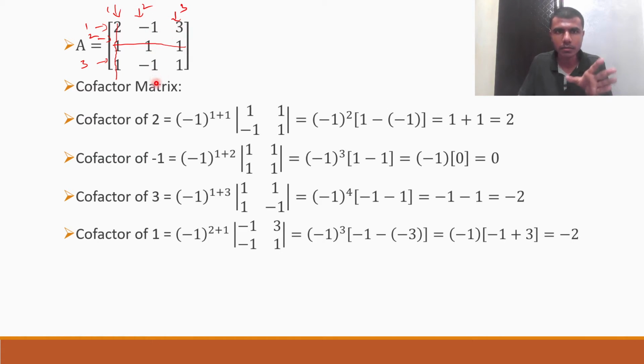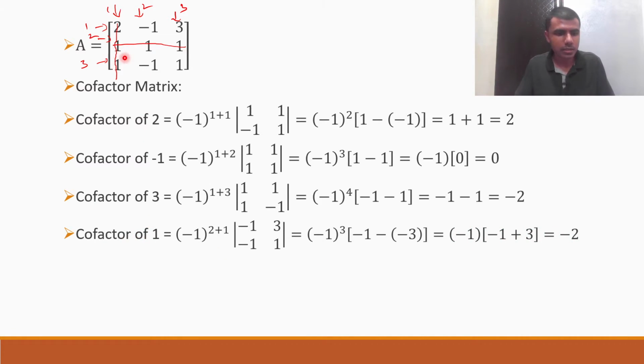Minus 1 3 minus 1 1, det of. Okay, simple calculation. Minus 1 power 3, this minus this, minus 1 into 1 is minus 1, minus of minus 1 into 3 is minus 3. So minus 1 minus of minus 3, minus 1 plus 3, minus 1 to the power odd number is minus 1. Okay, and minus 1 plus 3, so 3 minus 1 is 2, minus 1 into 2 is minus 2.